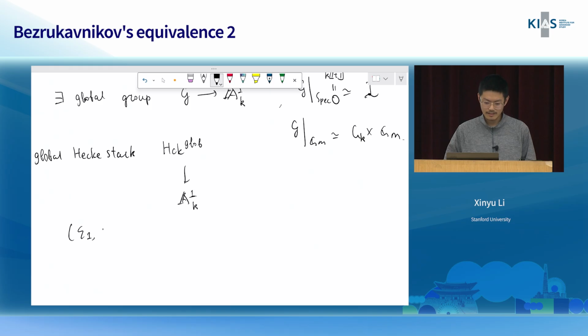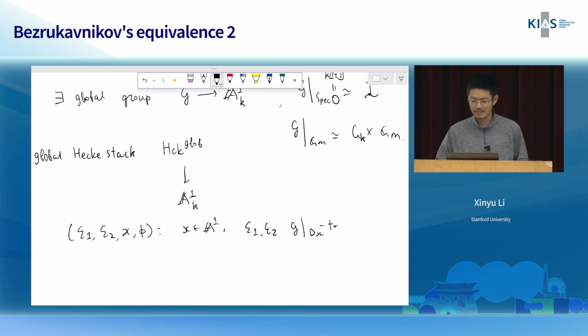So I consider a point x on A1, and E1, E2 are G-torsors, which I restrict to the complete local ring at this point x.